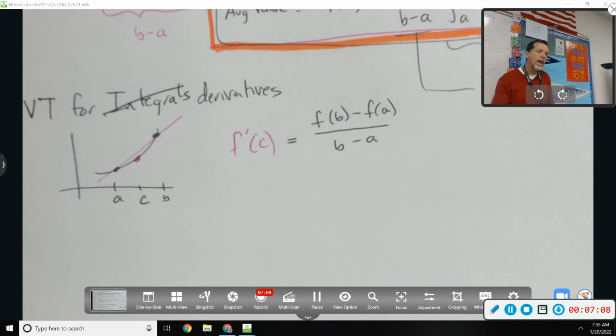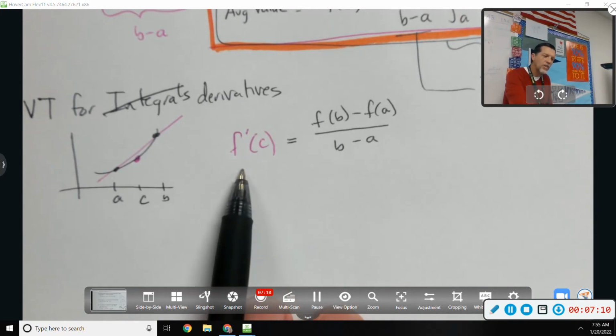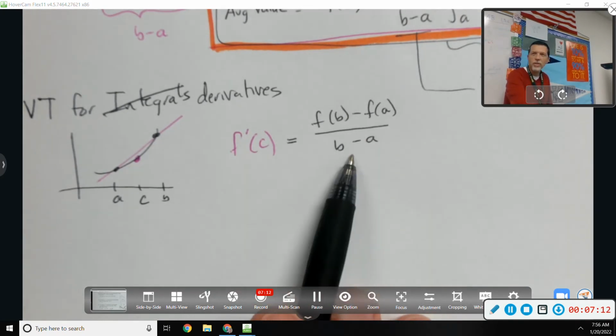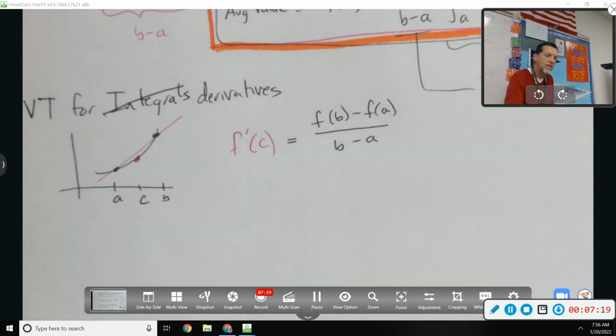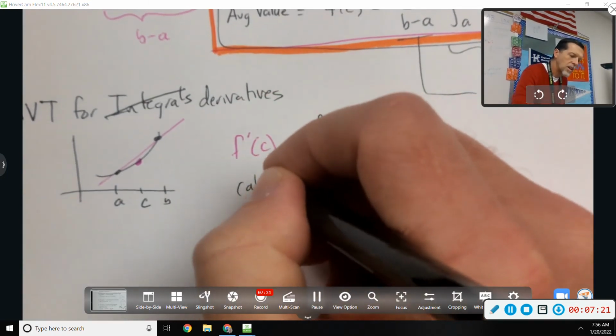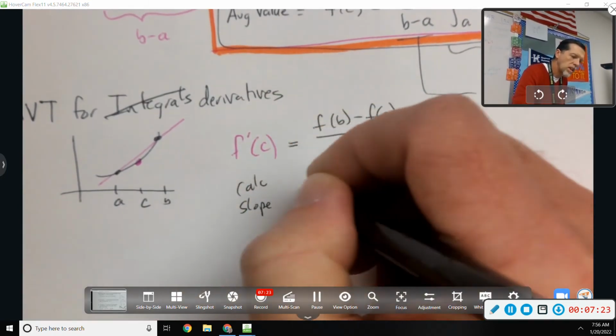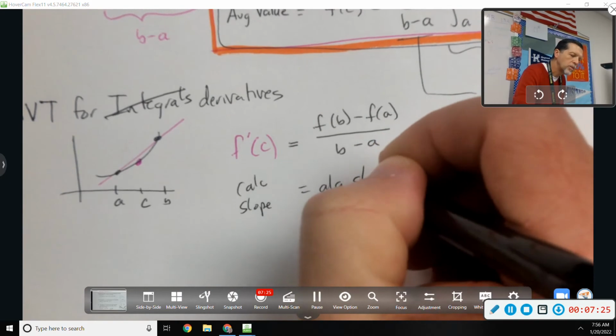Somewhere the calculus slope equals the algebra slope. Is that familiar? It's maybe familiar now that I rewrote it. Calc slope equals algebra slope.